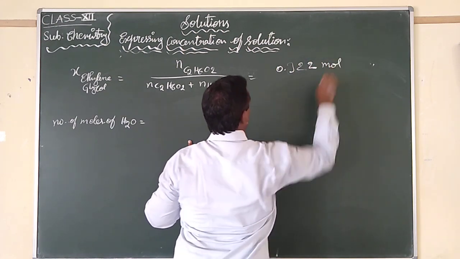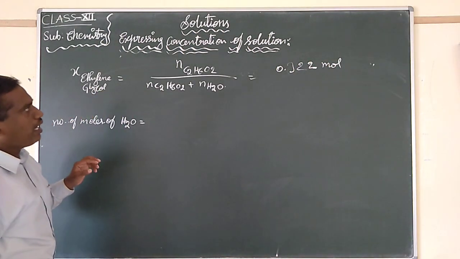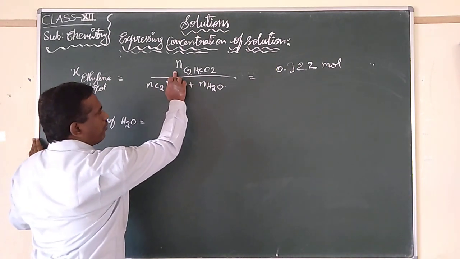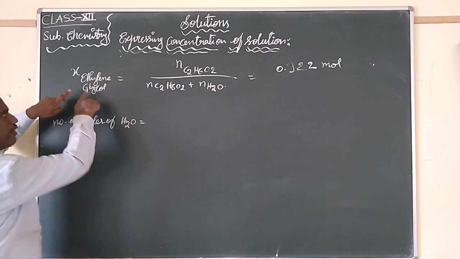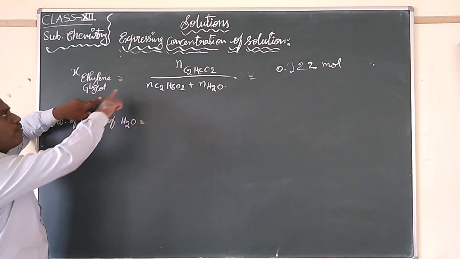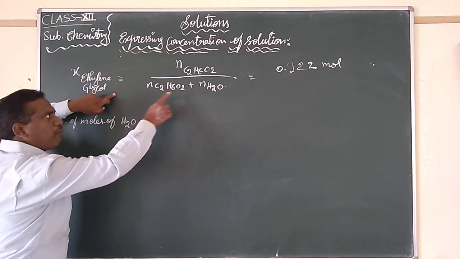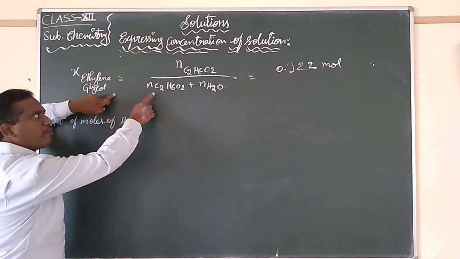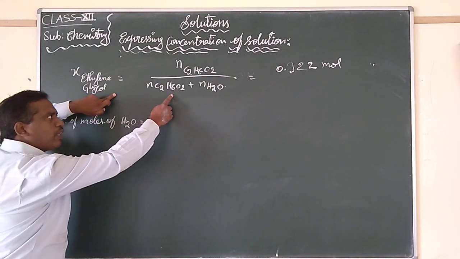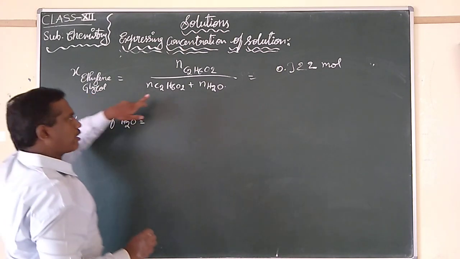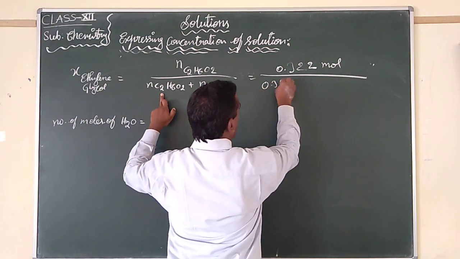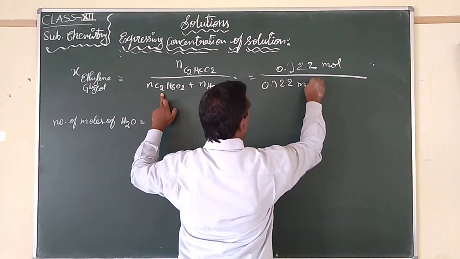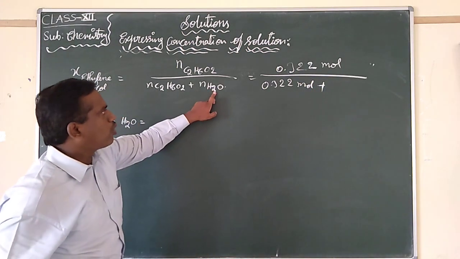How much did we get, children? Number of moles of ethylene glycol we got is 0.322 moles. Now we are substituting the value in the formula. We need to calculate the mole fraction of ethylene glycol, so number of moles of ethylene glycol by total number of moles. Total number of moles means number of moles of ethylene glycol plus number of moles of water.